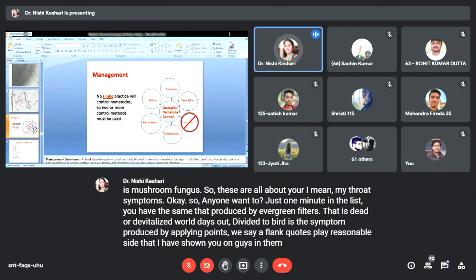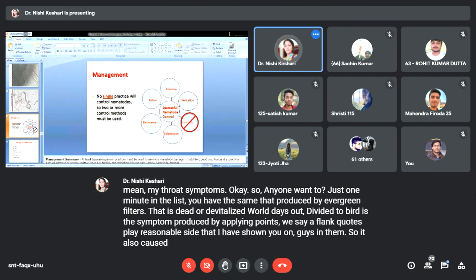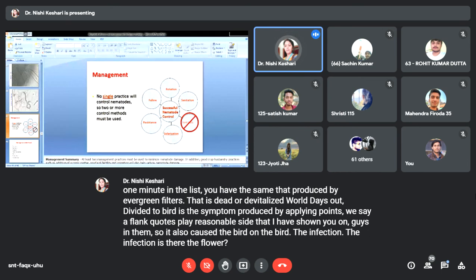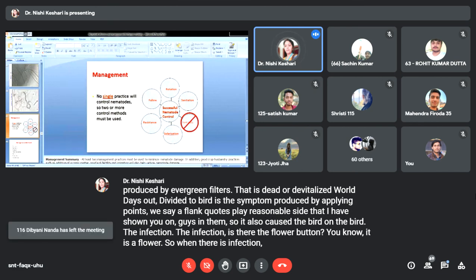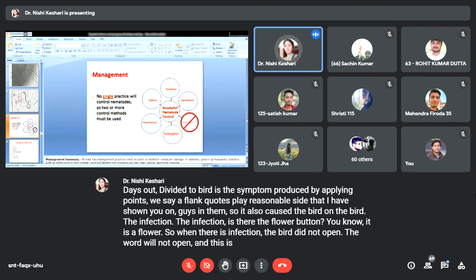So it also caused the bud infection. Chrysanthemum is a flower. So when there is an infection, the bud will not open, and this is called dead or devitalized bud.